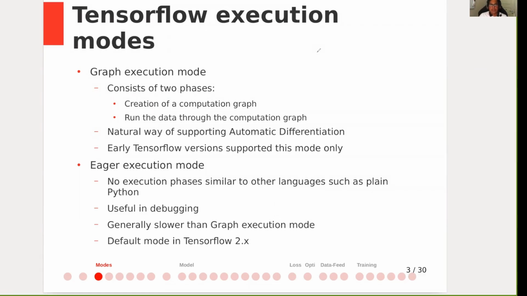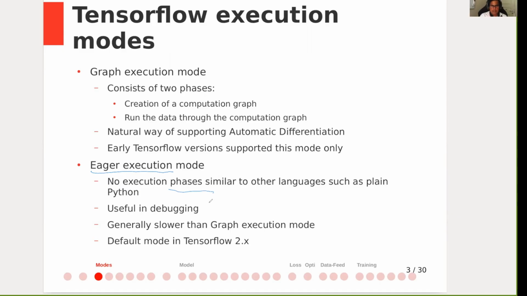The other execution mode of TensorFlow is called eager execution mode. This is a newer mode. And in this mode, there are no different phases of execution. There's only a single phase of execution, which is similar to other languages, such as plain Python.